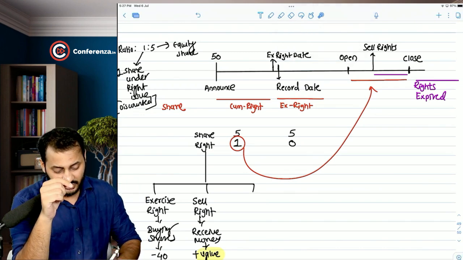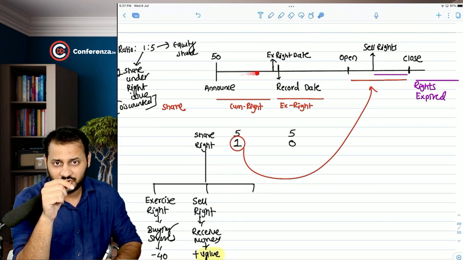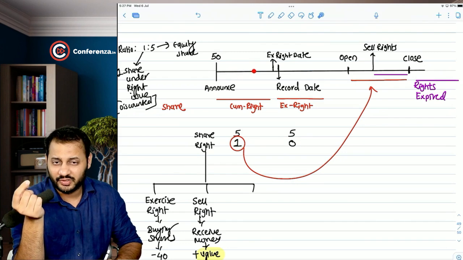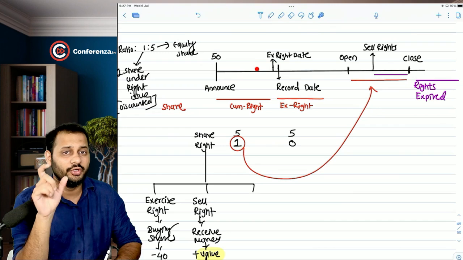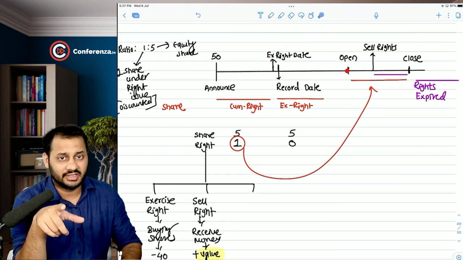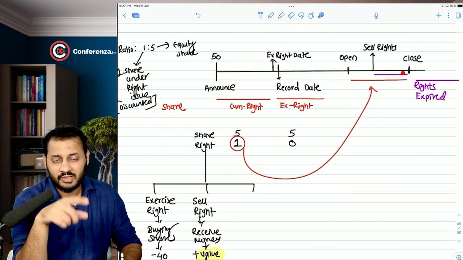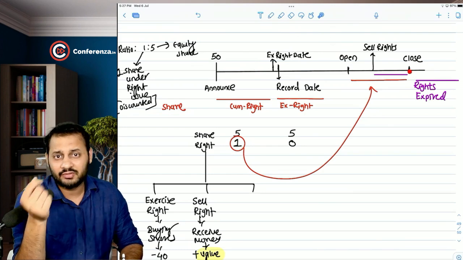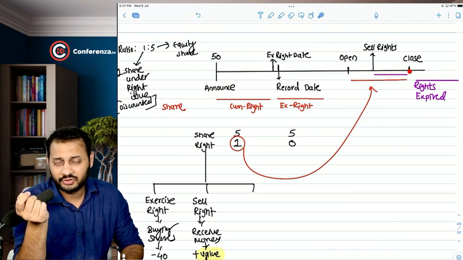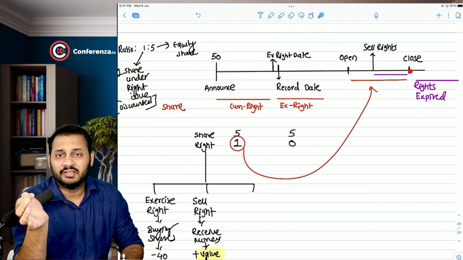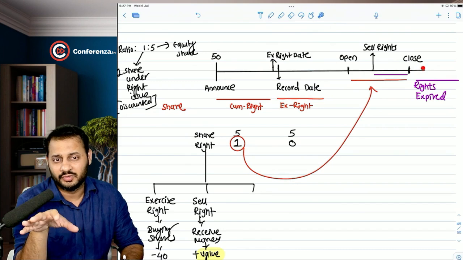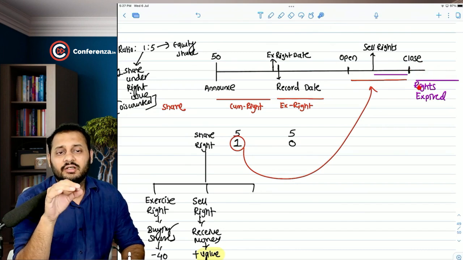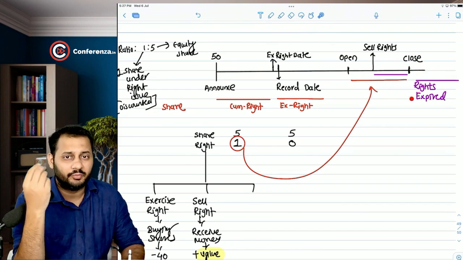Please understand, you do the purchasing here in the shopping mall for 5,000 rupees and you get a voucher for 500, and it says that you can use this voucher from this date to this date. But after this date, if you take that voucher to the mall, they will say it is expired and it is of no use now. So after this date, rights will expire and it will not be of any use.